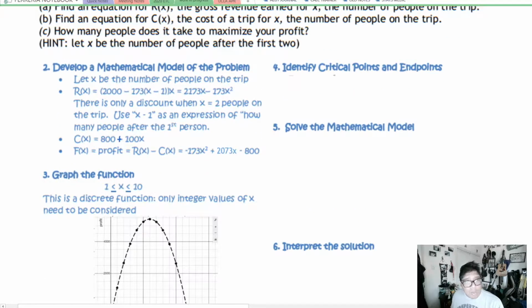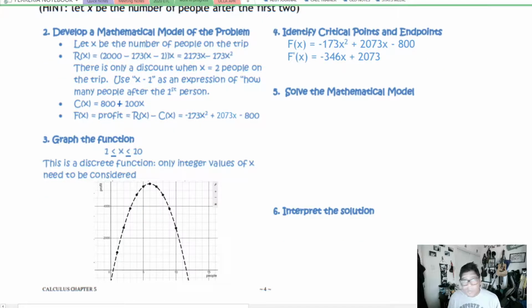For the next part here, we're going to identify critical points and endpoints, and we'll do this by solving our derivative and setting that equal to 0. So starting with the function, our profit function is negative 173x squared plus 2,073x minus 800.